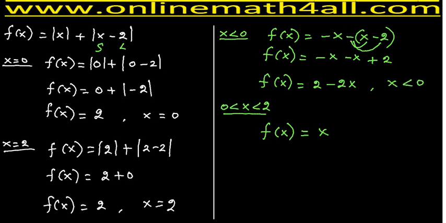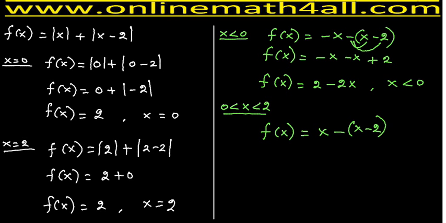So here we subtract larger from smaller, so definitely its sign is negative, because whenever we subtract a larger number from a smaller number, its sign will be negative. Since the value of the term inside the second absolute value is negative, we take the term with a negative sign, so negative of (x minus 2).